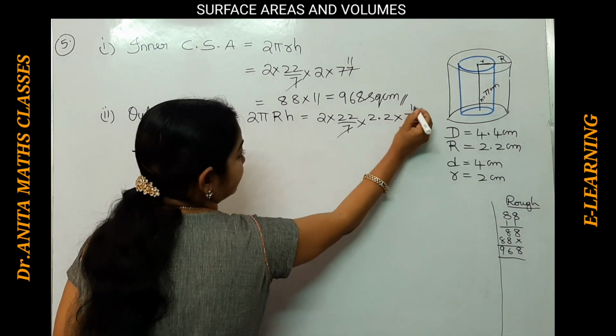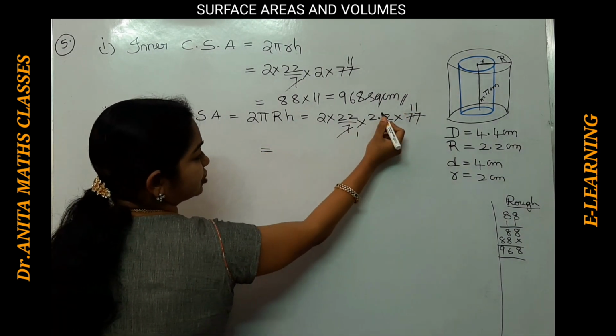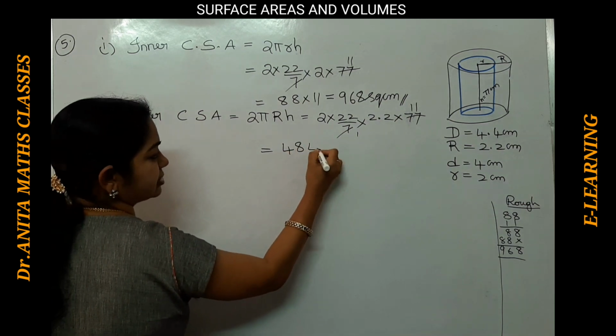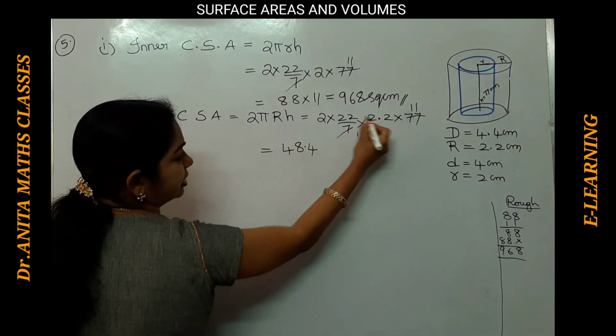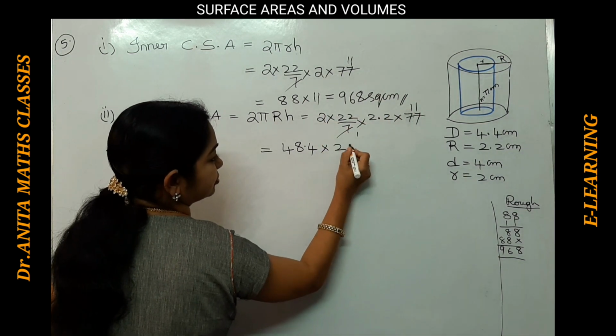The same, 7 ones, 7 elevens. Now 22 squared is 484, but there is a decimal point, so keep one digit after it, multiplied by 2 into 11, which is 22.